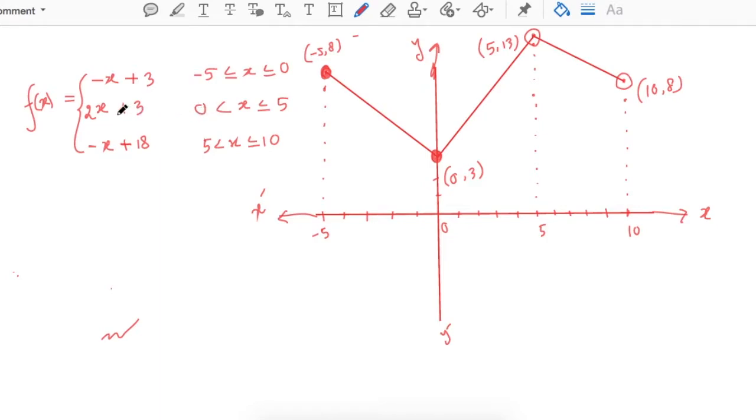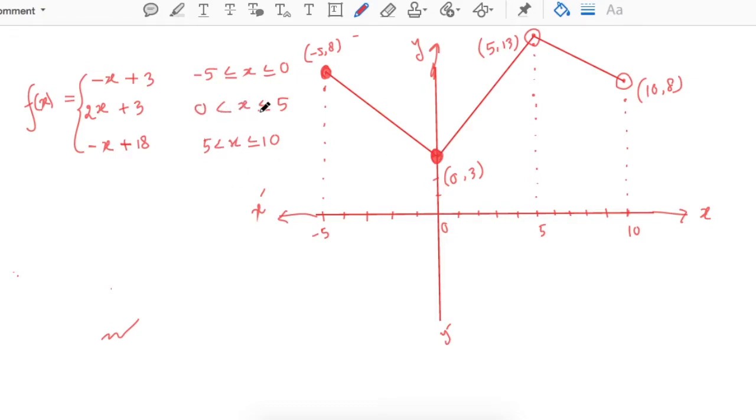So if we put 0, then the second line will start from (0, 3). But for the second line, it should be an open circle. Since the end point of the first line and initial point of the second line is the same point, let us denote this point by a filled circle.